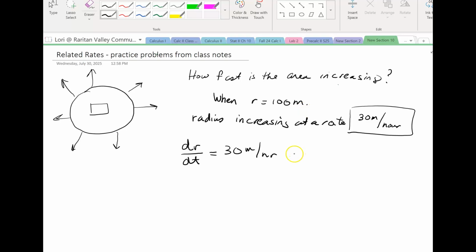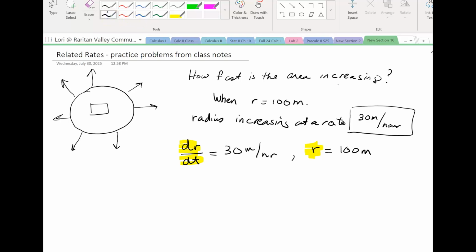Where the radius of 100 is a stationary moment. Well, not really stationary. It is at a particular moment in time when the radius is 100 meters. Okay. And why do we do this? It's really important to get those variables defined properly. Okay? You've got to understand what is a rate of change, the 30, and what is not a rate of change, the 100. And set them up correctly.